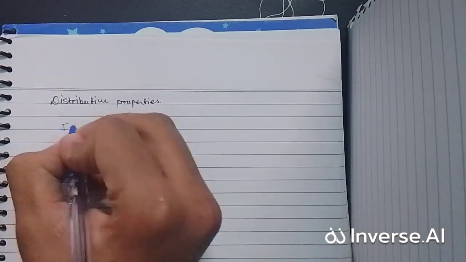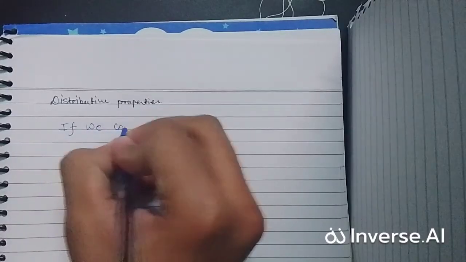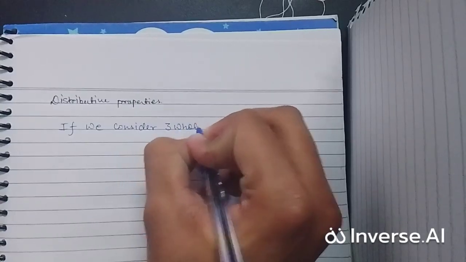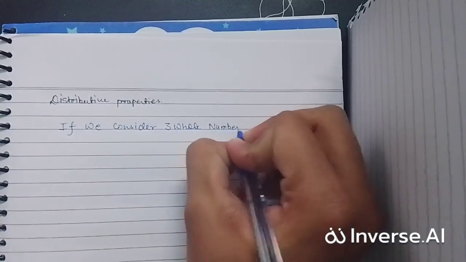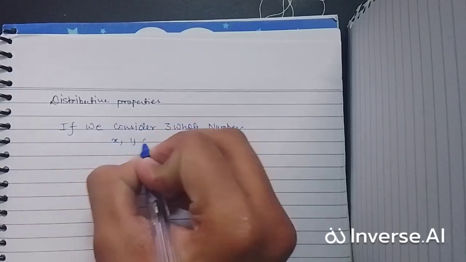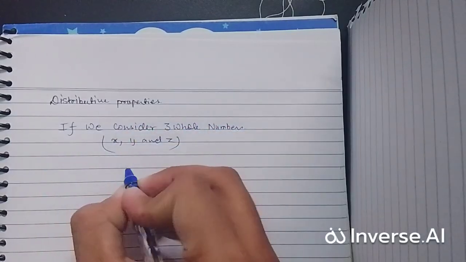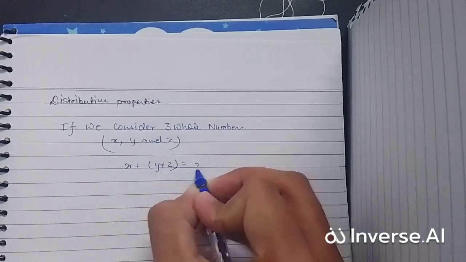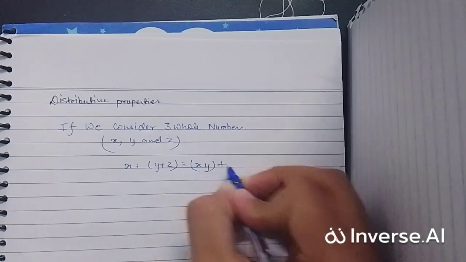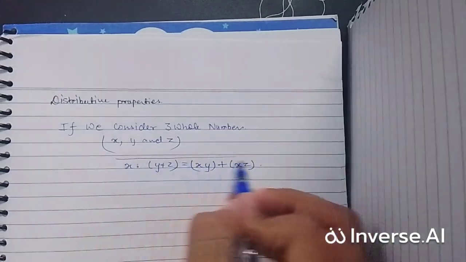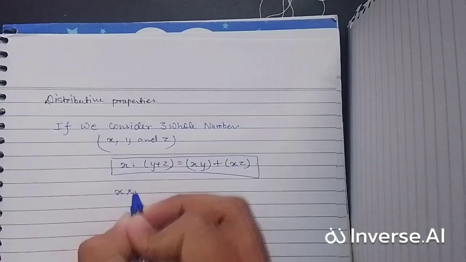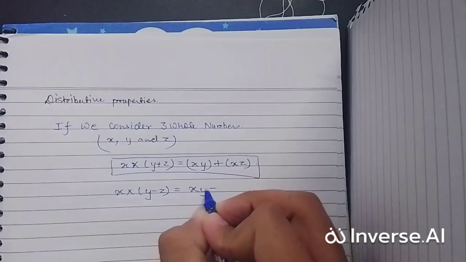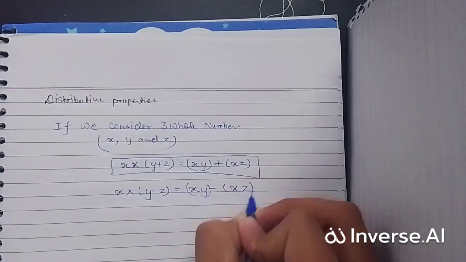Let me explain. If we consider three whole numbers like x, y and z, then x × (y + z) equals x × y + x × z, and x × (y − z) equals x × y − x × z.